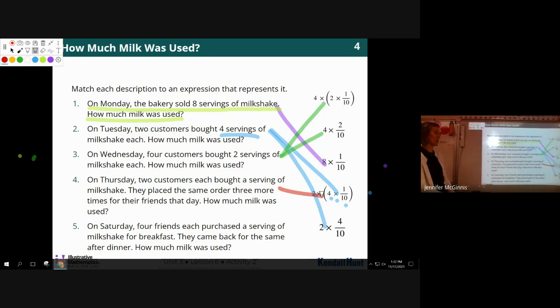That's 4 servings. How much milk was used? Ella, what do you think? 2 times 4 tenths. This equation here is kind of crazy. We wanted to make it a little less crazy. We could just say 2 times 4 tenths.